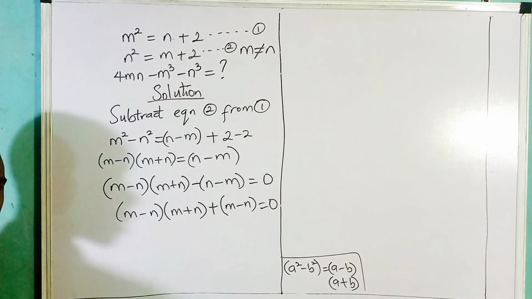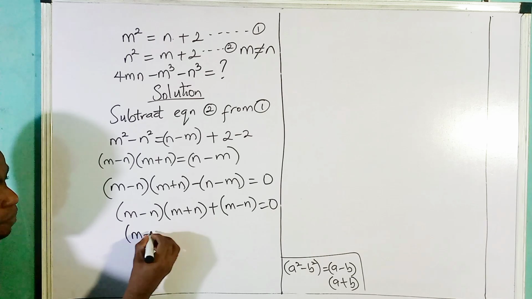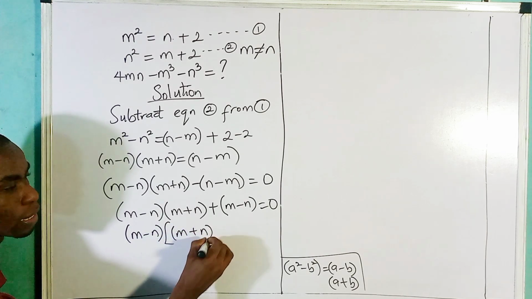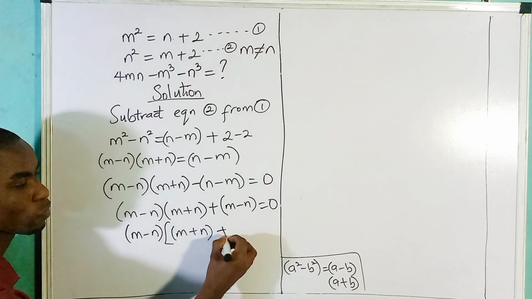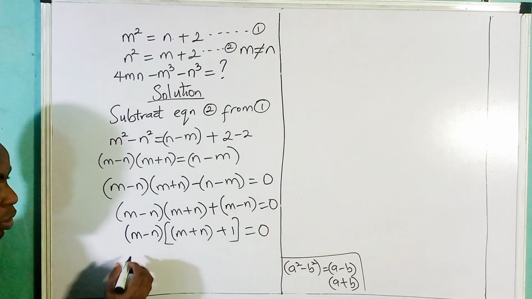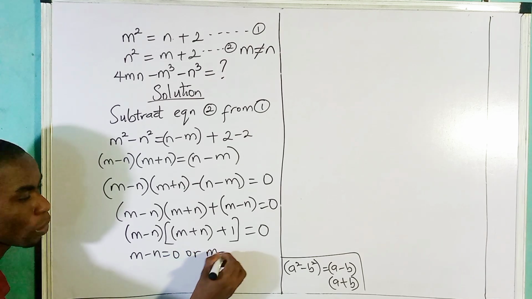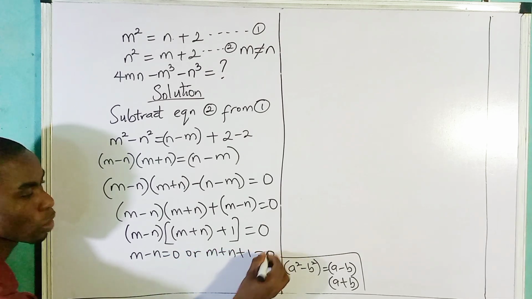What do we do next? Since they are the same, factor it out. We'll have m minus n into m plus n. Factor this out, we are left with 1 equals 0. So we can say m minus n equals 0, or m plus n plus 1 equals 0.